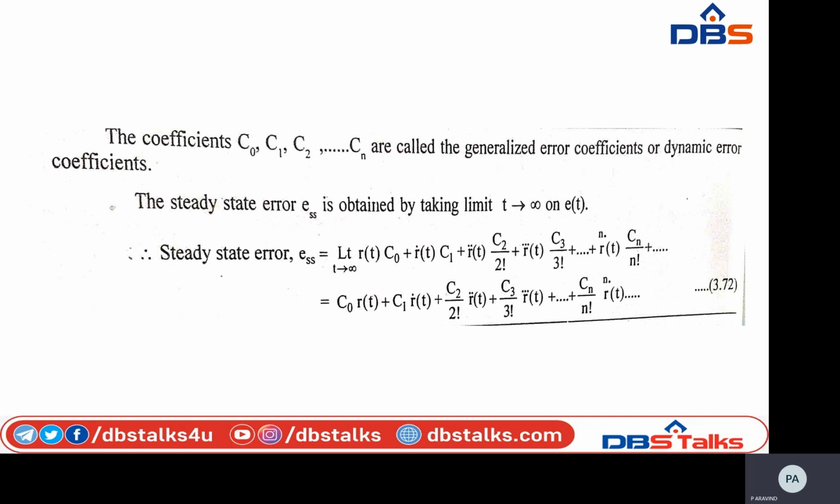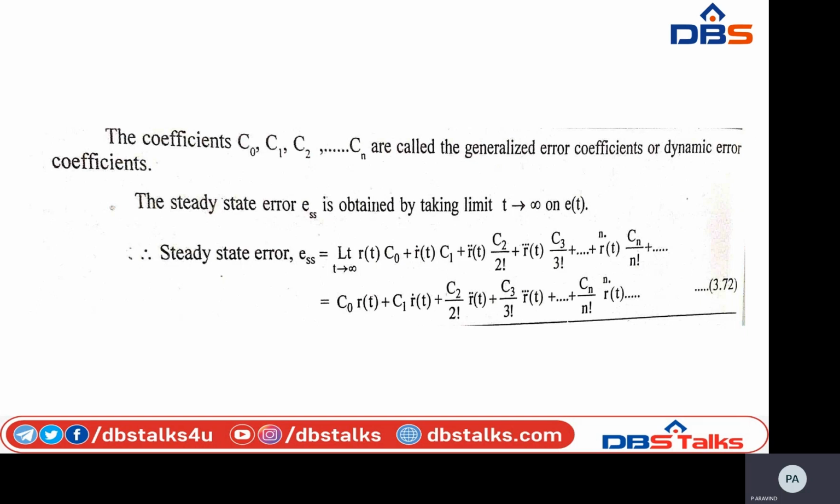Here the steady state error, that is ESS, is obtained by taking the limit t tends to infinity on e of t, that is the error signal. So finally we have the steady state error ESS.